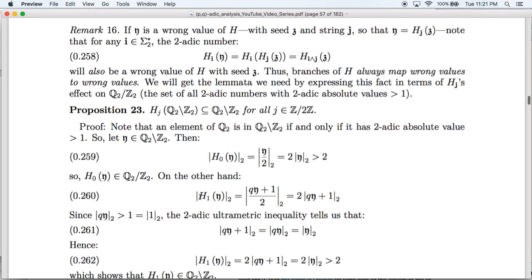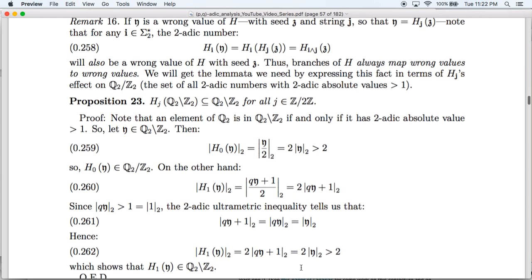On the other hand, if we apply the odd branch, we get this. And since y has a 2-adic absolute value greater than 1, and since the other term has a 2-adic absolute value of 1, this is going to be greater than 1. So the ultrametric inequality, I suppose that was another prerequisite that I should have mentioned, says that if this number and this number have different 2-adic absolute values, then the 2-adic absolute value of their sum is equal to the 2-adic absolute value of whichever one's larger, which in this case is that, and that's then equal to 2 times that, which is greater.